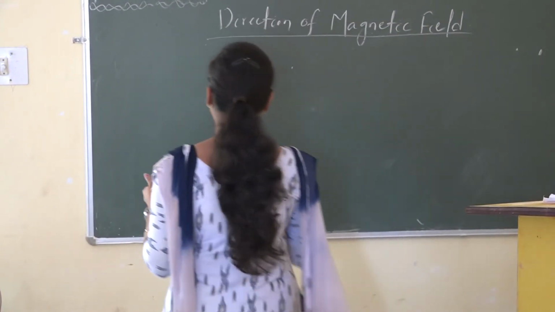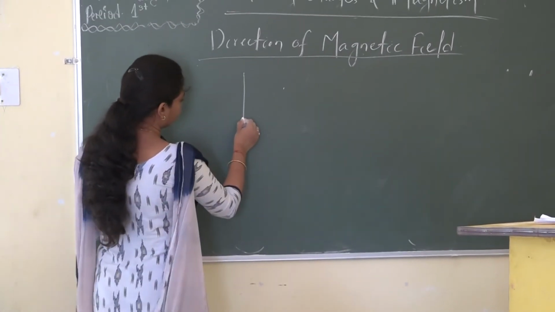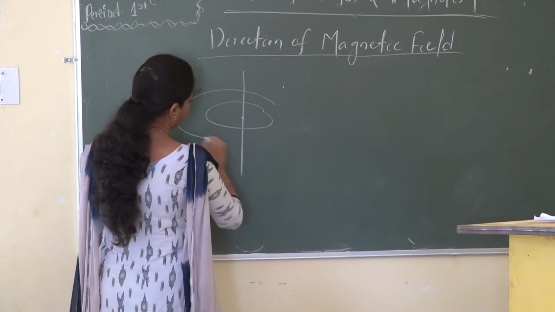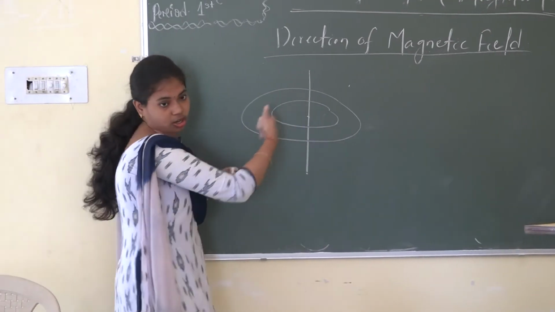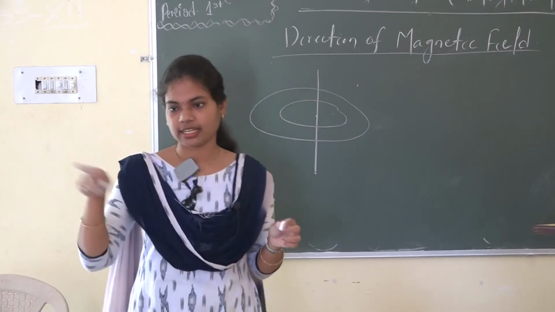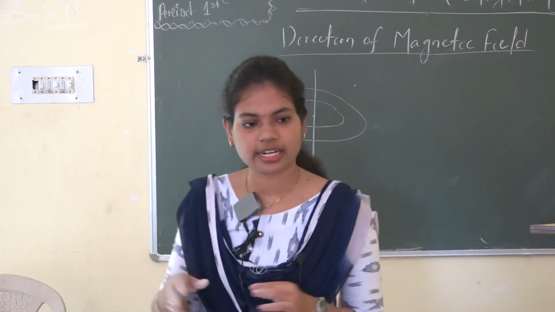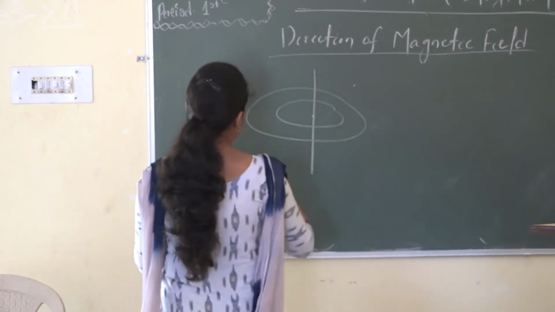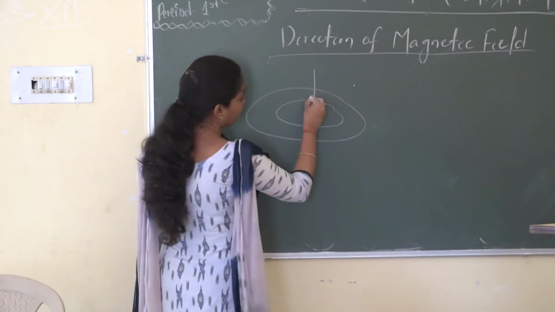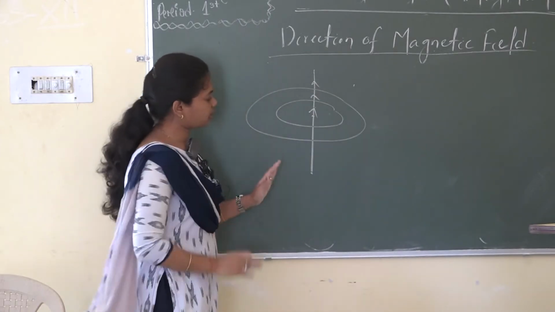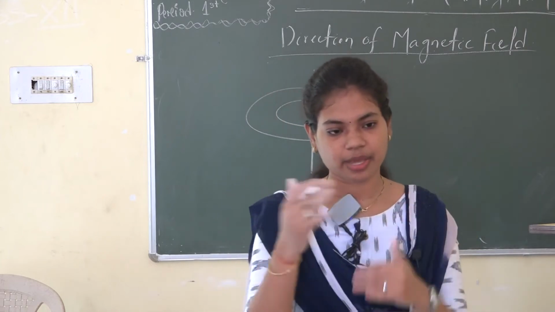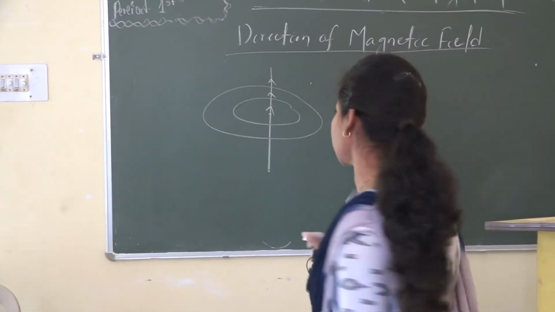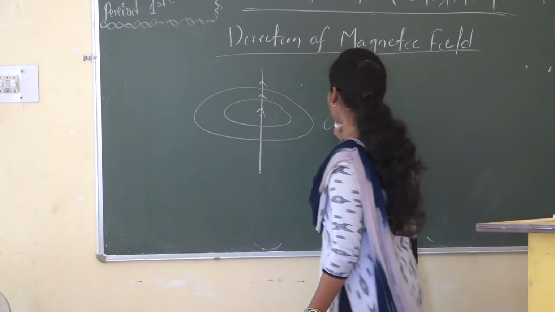These circles, the finger curl circles, represent the direction of magnetic field. There are many circles when current flows in a straight wire. These circles are known as concentric circles.